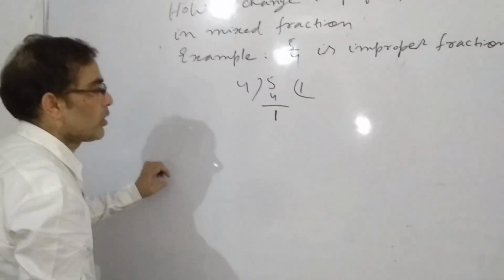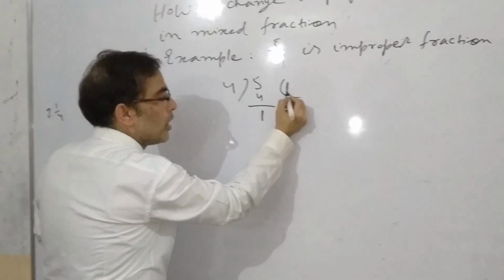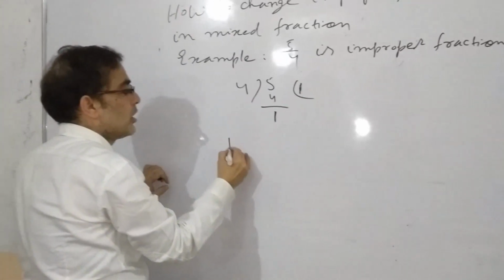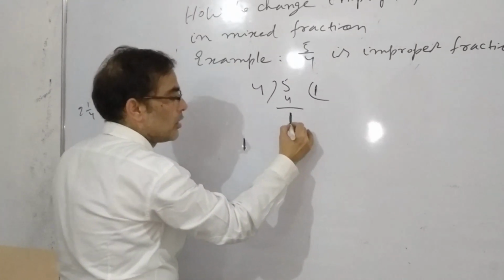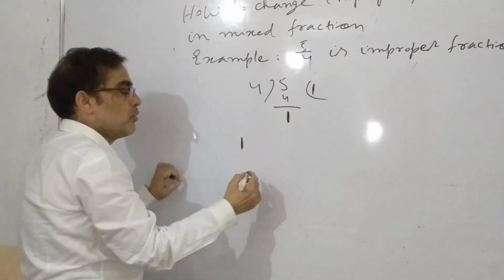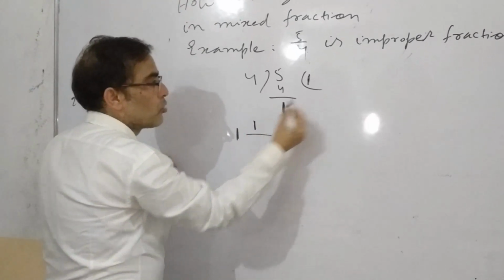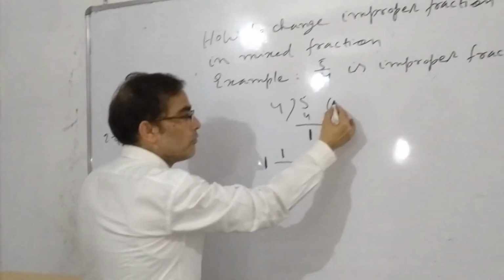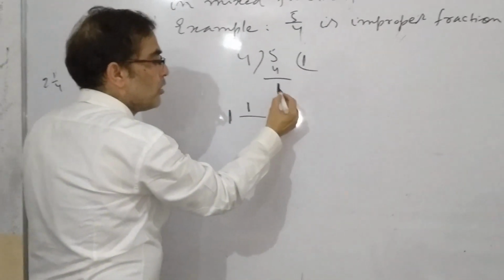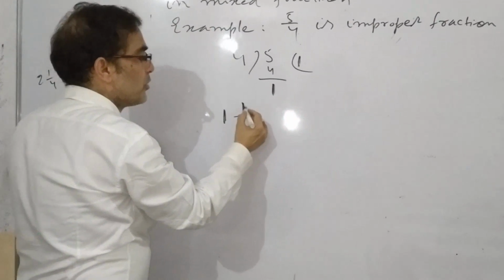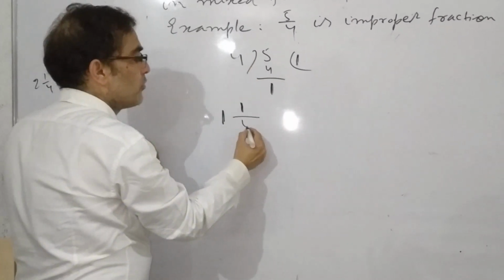Here 1 is the quotient and the quotient will be here, and here 1 is the remainder and the remainder will be in place of the numerator. The quotient will be in place of the whole number, the remainder will be in place of the numerator and the divisor will be in place of the denominator.